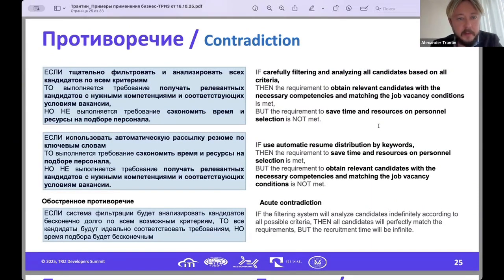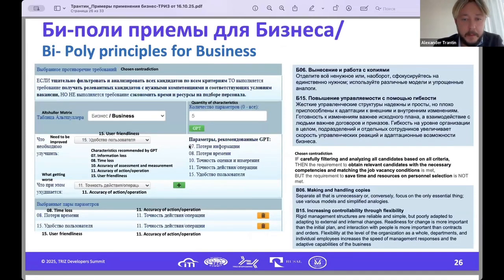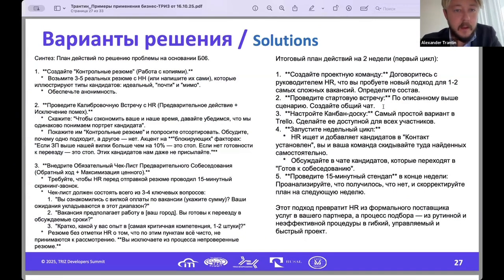So the initial situation, when we find contradictions and using the same scheme, we have methods that are applied for businesses. It has become popular for many people when AI offers you these parameters, and for recommendations, there were two bipolar approaches, B15 included.